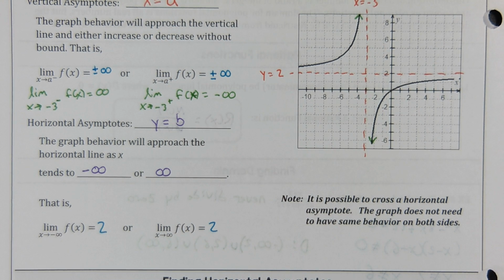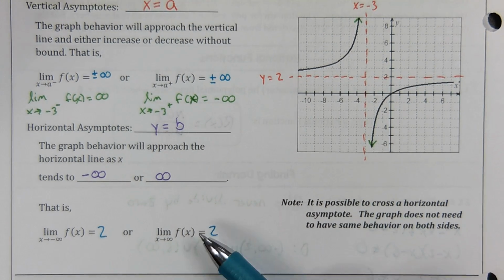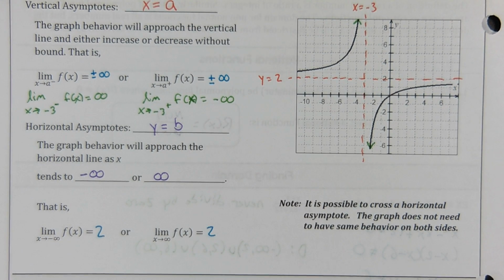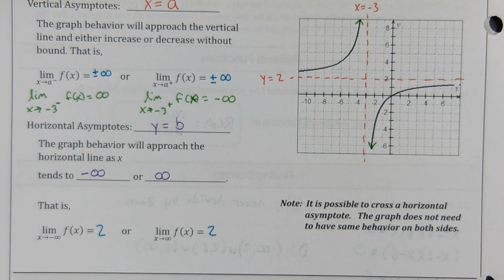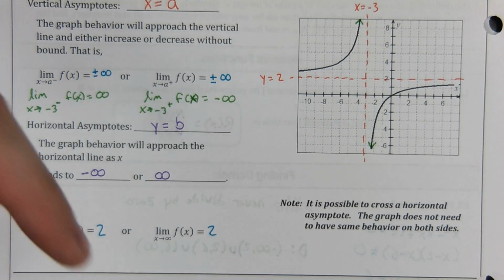I can't think of a rational function that's made up of only polynomials, top and bottom, that would break that rule. Are there ways that you can get really creative with it? Yes, but not with polynomials. If it's x on top and bottom with whole positive exponents, then this will always happen when there's a horizontal asymptote. Because there's not always a horizontal asymptote. But when there is, that'll always happen.